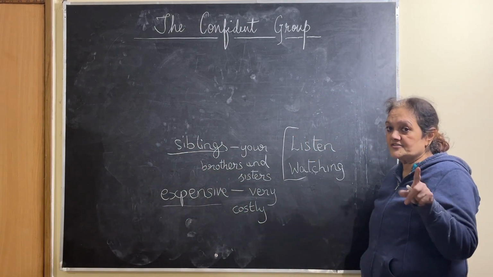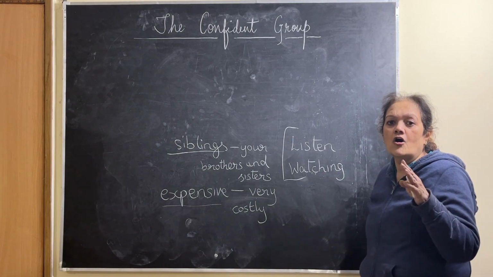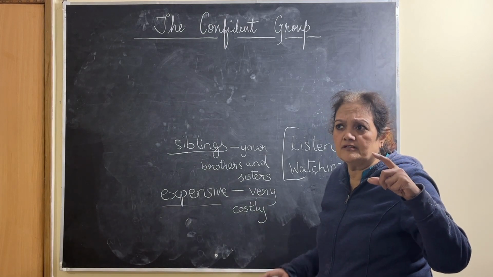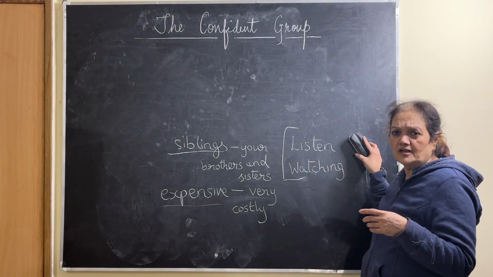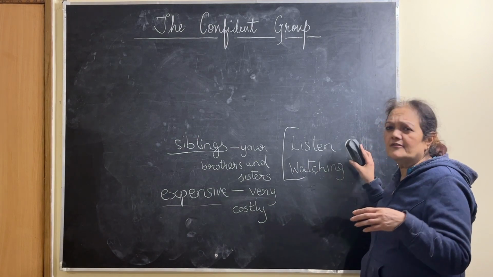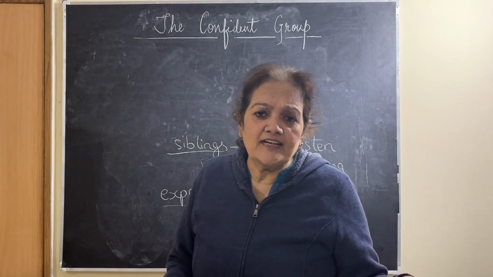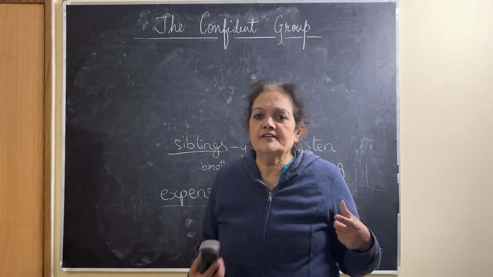And I have asked you to watch a nice cartoon movie or any small short story you can hear, an audio. There are so many small stories about Cinderella, about Red Riding Hood. I'm giving you these very small names.